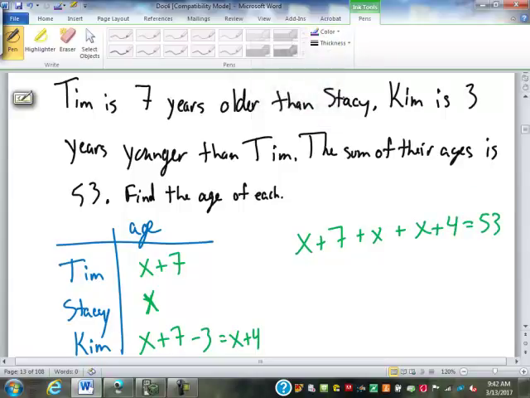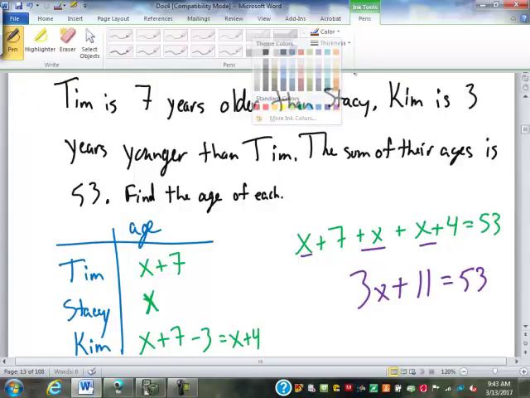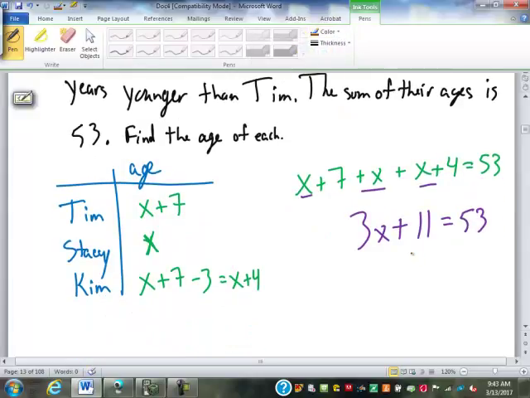Then what? Okay, X and X makes 3X. 7 and 4 does make 11. And then? Subtract 11. Perfect. 3X equals 42. And then? Divide by 3.